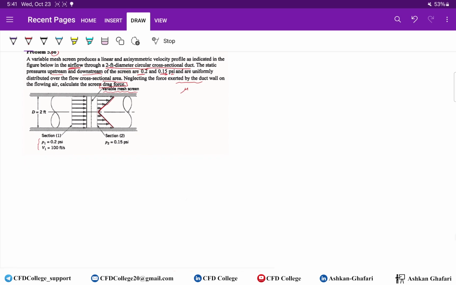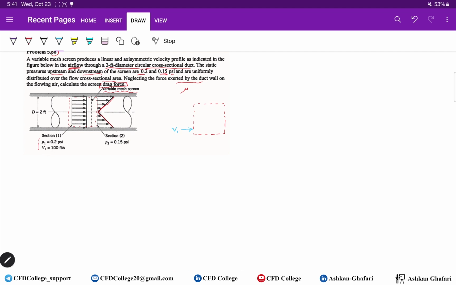Okay, so the first step is to define the control volume, for example something like this. This is the control volume. We have inflow, which I show by this vector, V1, which is 100 feet per second.